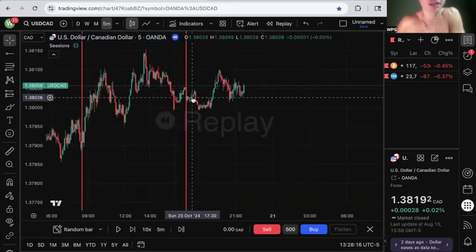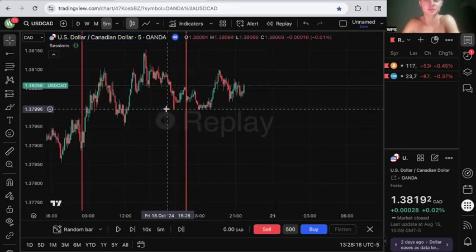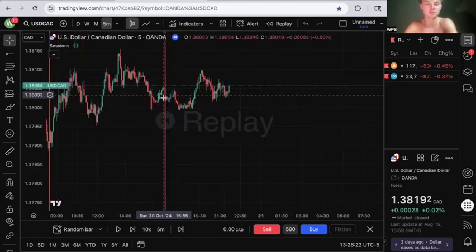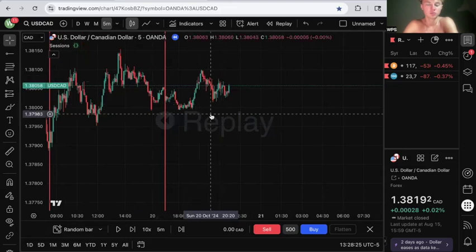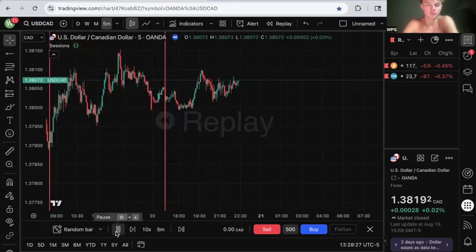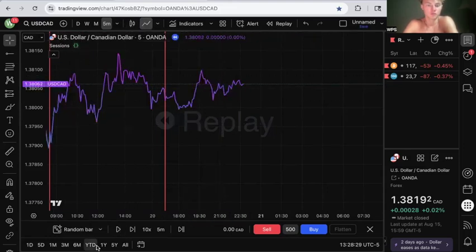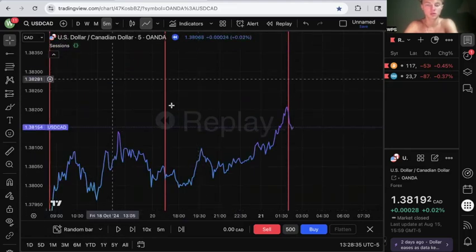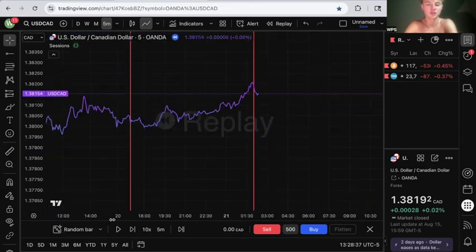Tokyo session once again, liquidity sweep. I think I'm seeing right here. I guess this liquidity never exactly got swept. I guess right here it did. Price does continue upwards on Tokyo session, small retracement on London session.